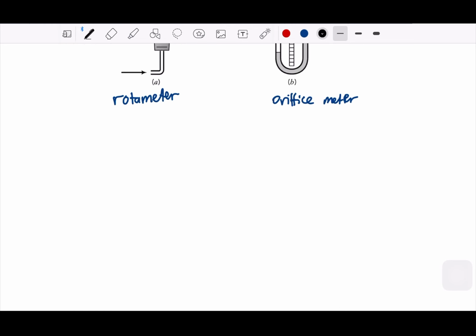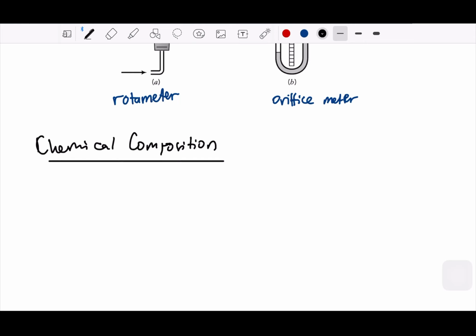The third one is actually chemical composition. So the first one is actually about mass and volume, and also the flow rate of mass and volume. Right? The second part will be the chemical composition. We will learn about moles, molarity, and so on. Okay?